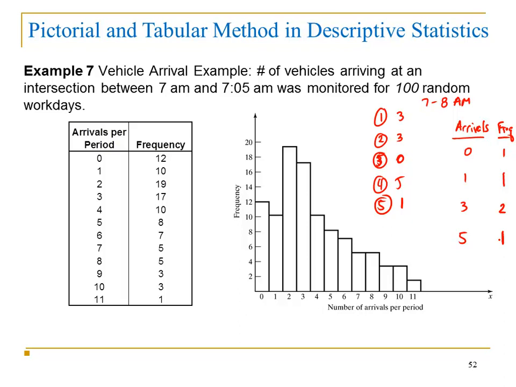So using that information, you can create this plot, which is again discrete data. It will go from 0 to 11 number of arrivals per period, and the frequency is going to be those rectangles that go up to the frequency on the y-axis. So for instance, 0 goes to 12, 1 goes to 11, and so on.